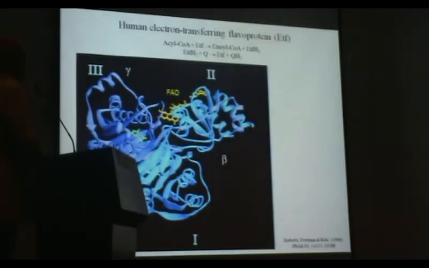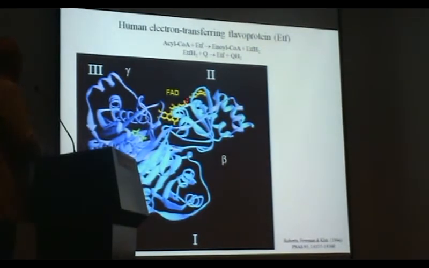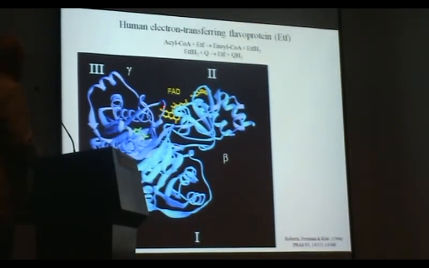And here you see the structure of the human electron transferring flavoprotein. This doesn't bifurcate, it just acts as an electron carrier.